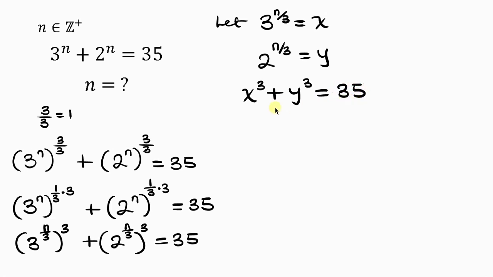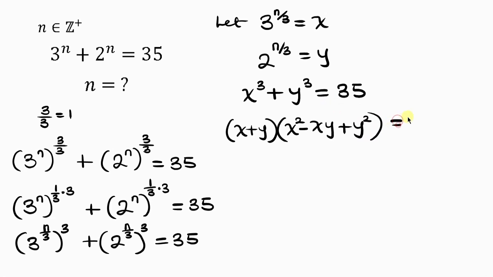Now notice that the expression on the left is in the form of sum of two cubes, which can be expressed as x plus y times x squared minus xy plus y squared. And this is equal to 35.